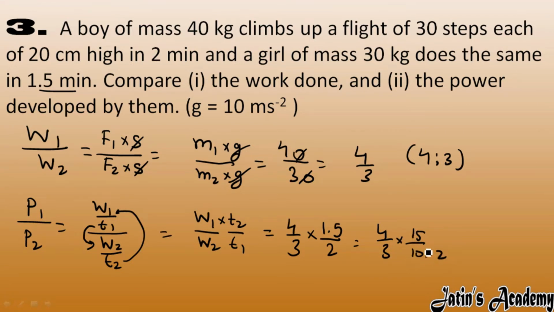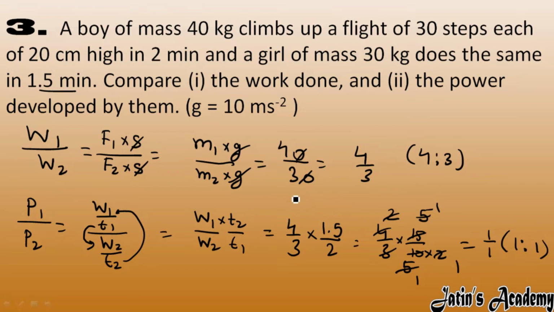We got 2 here, 5 here, and 5 again. So 5 and 5 cancel, and ultimately we got 1 by 1, which is a 1 ratio 1. So the power developed by the boy and the girl are the same. In this way you can also calculate the comparison only. Individual values you have to calculate from the previous formula only.